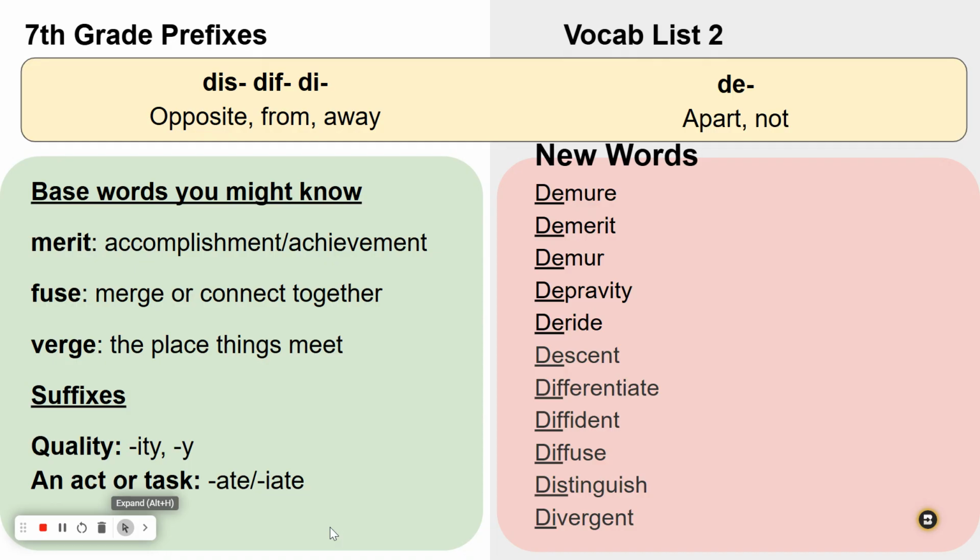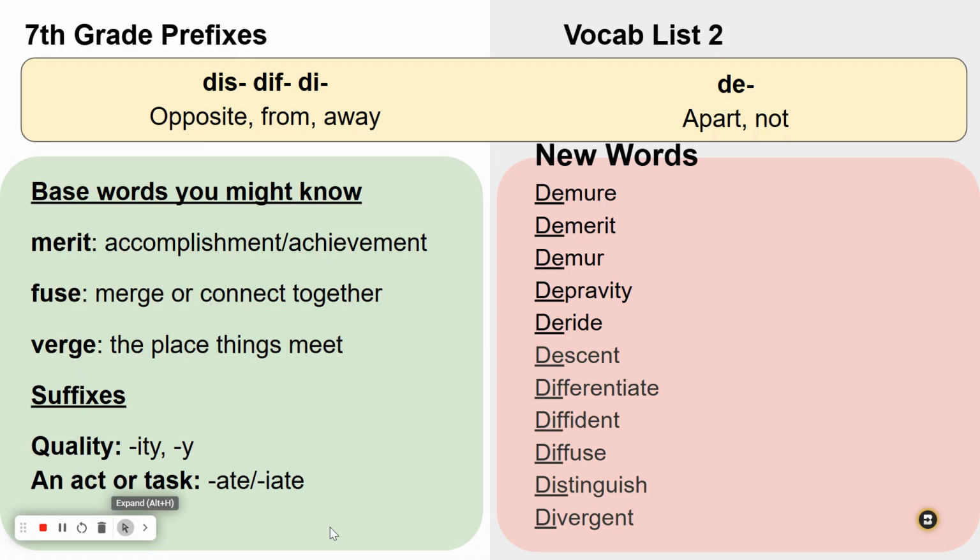Additionally, some suffixes that you're going to see. Remember, suffixes come at the end of a word. Quality, suffixes like ity or just the straight up y make something mean the quality of. So, funny is the quality of being fun, funnily enough.